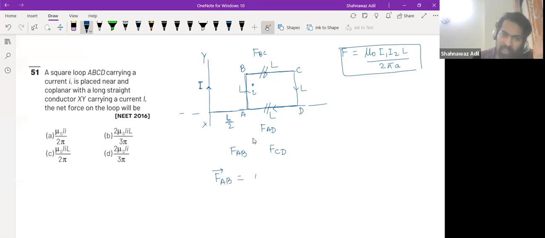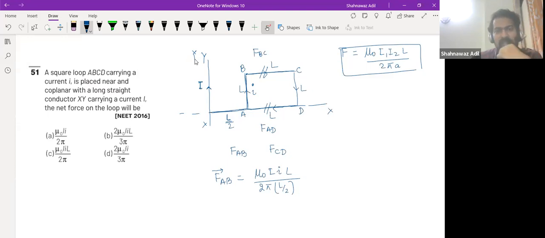This would be mu naught I times I, and this length is L, and the distance is L by 2. So 2 pi times L by 2. And what would be the direction, guys? Let's say this is the x-axis, this is the y-axis.